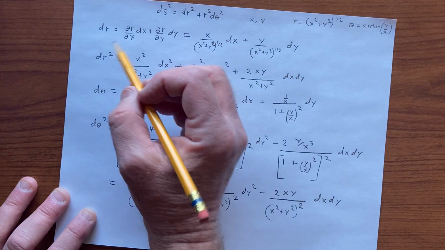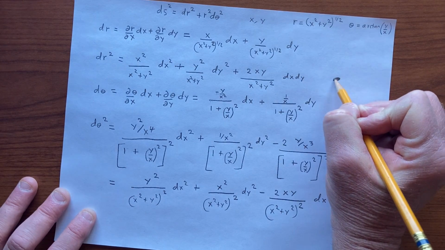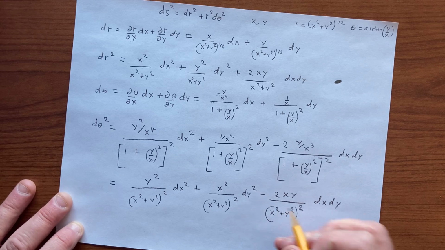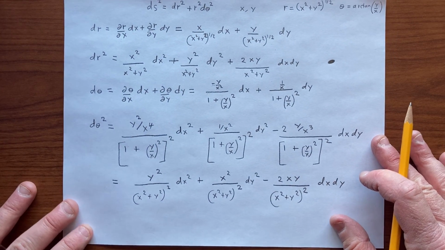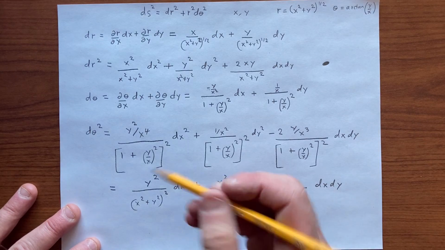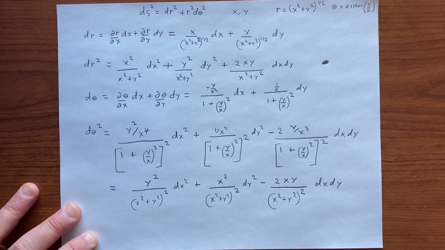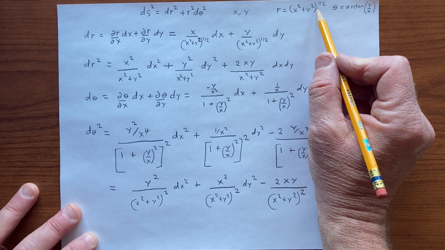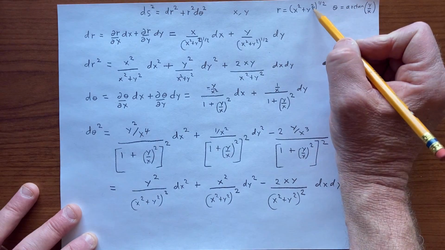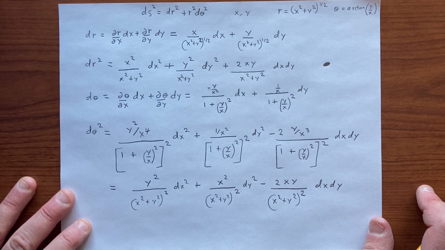So let's point out that this is our dr squared, and we're going to add to that an r squared d theta squared. So I have to multiply this by r squared, and r squared is just x squared plus y squared. And so we can get rid of one factor of x squared plus y squared.